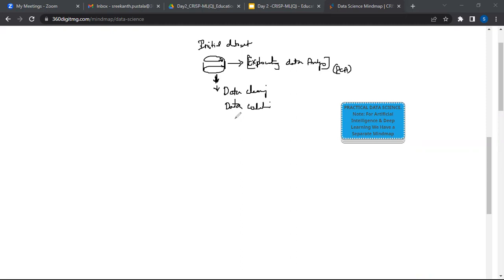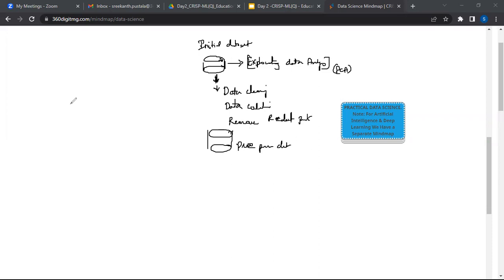We remove the redundant features. So these are the different processes that we have. From here, this is the pre-processed data that we have. The next stage is the pre-processed data set we are going to have.